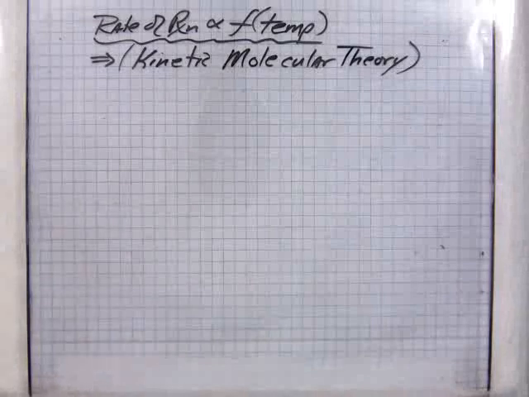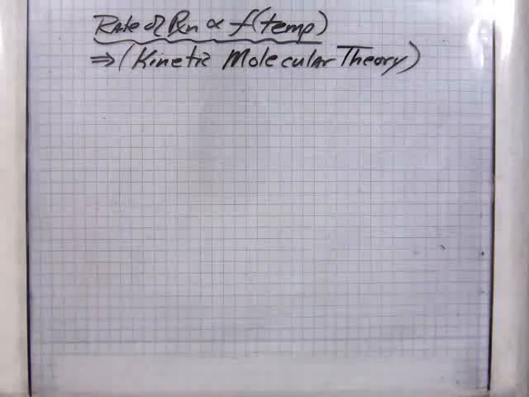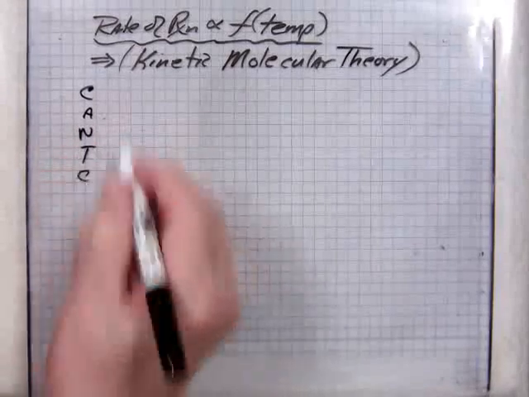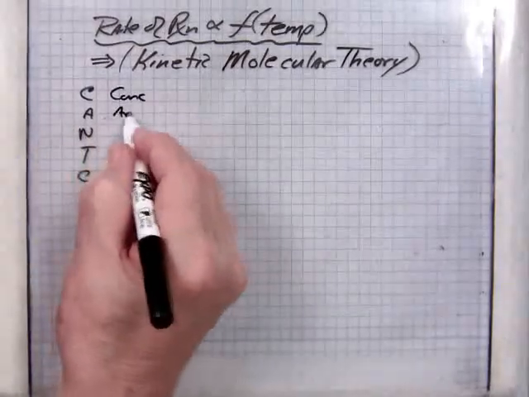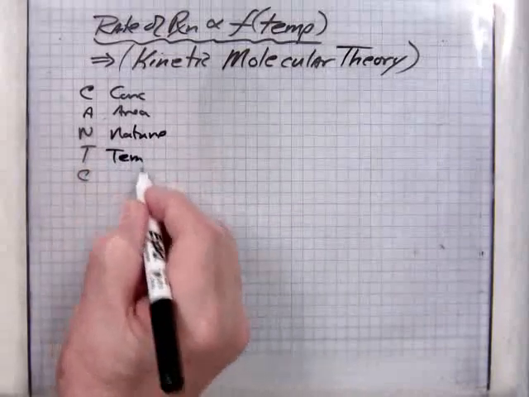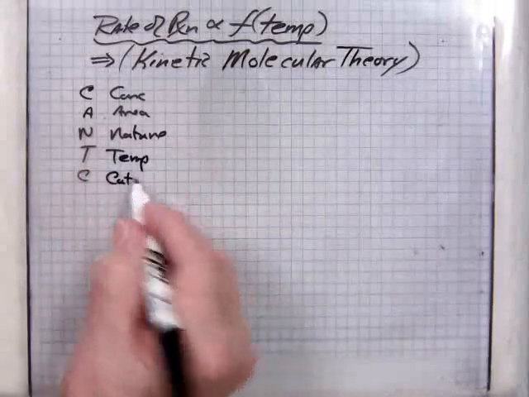We move now into reaction rates as a function of temperature in our acronym that we gave you before, the CANTC, concentration, area, nature. Now we're in temperature, and we want to go to catalyst.